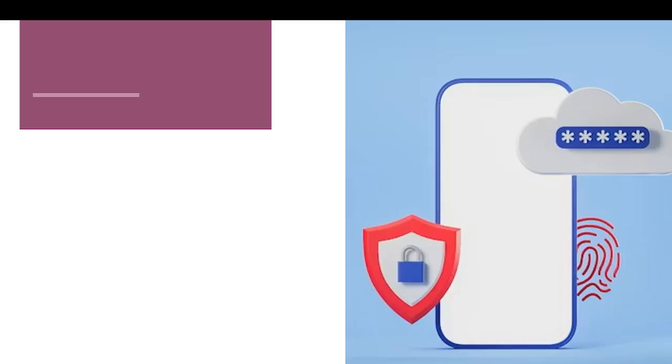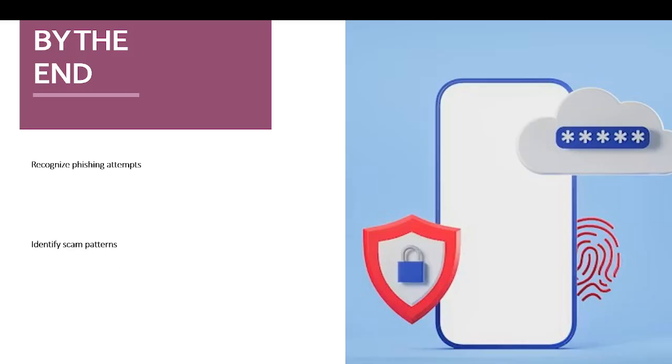By the end of this lesson, we're going to know how to recognize phishing attempts, so when someone tries to phish you, you're going to be able to recognize that. We'll also identify scam patterns, the patterns that people use to scam people. Most people already know, but I'm just going to break it down in this lesson.